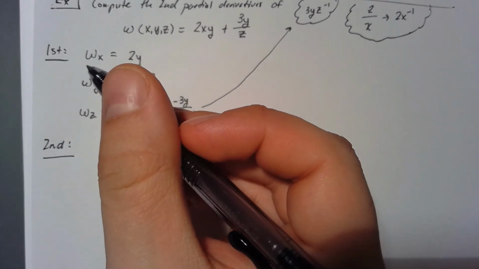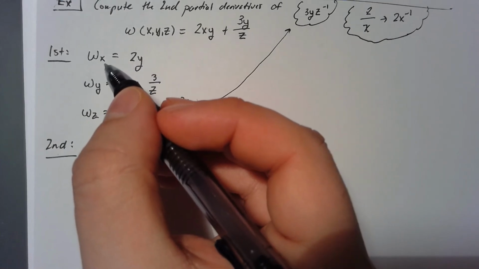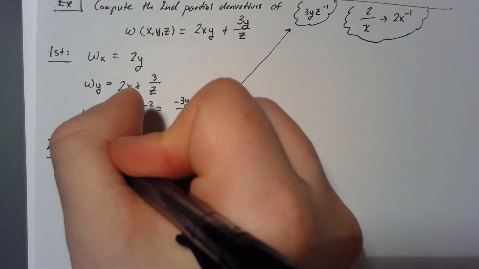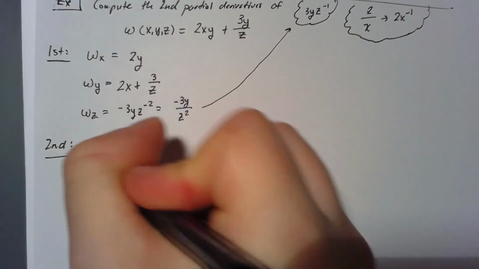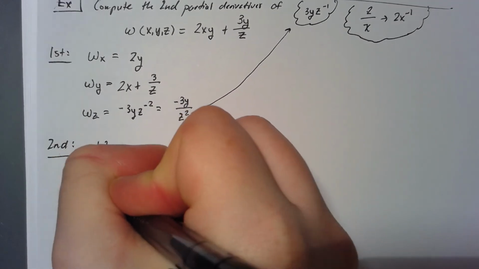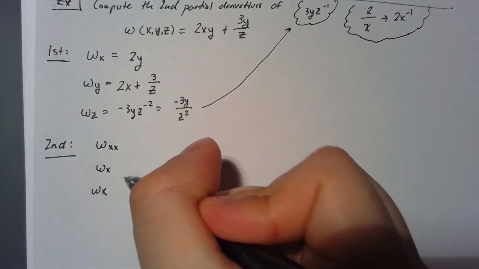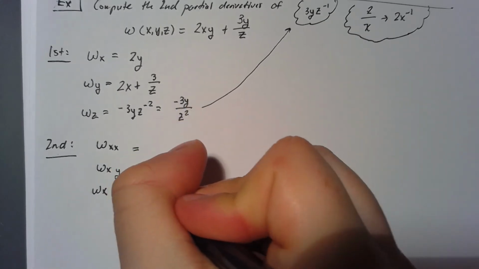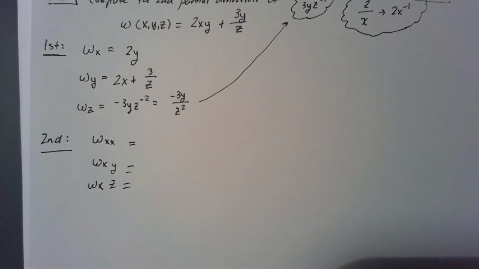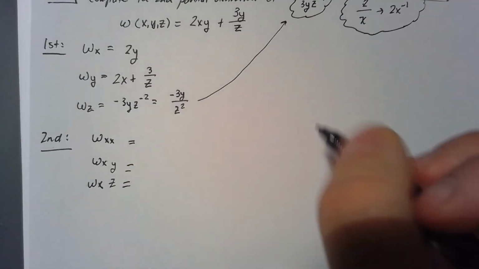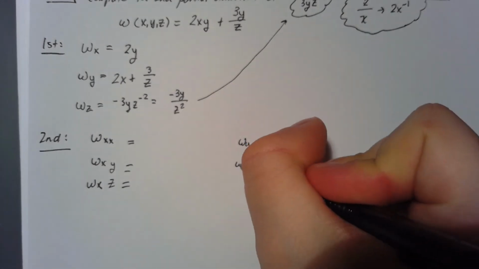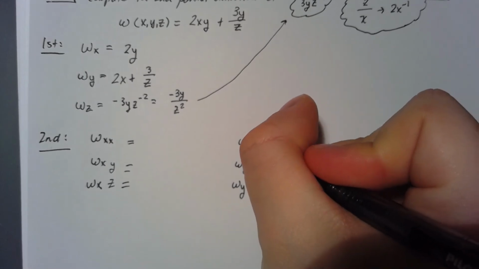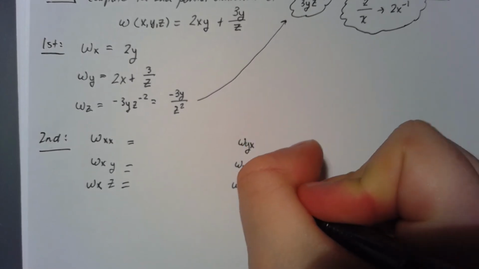So I have that one with respect to x, with respect to y, and with respect to z. Then I have this one that's going to be with respect to x, with respect to y, and with respect to z.